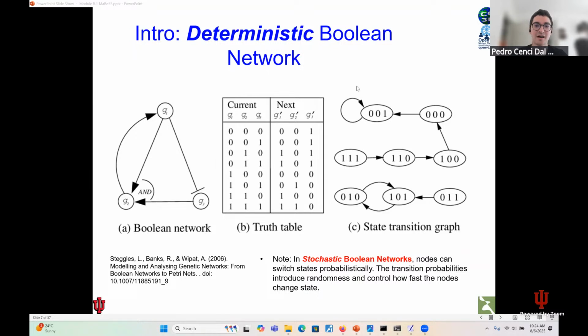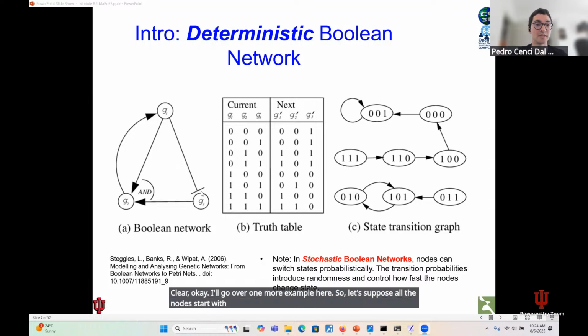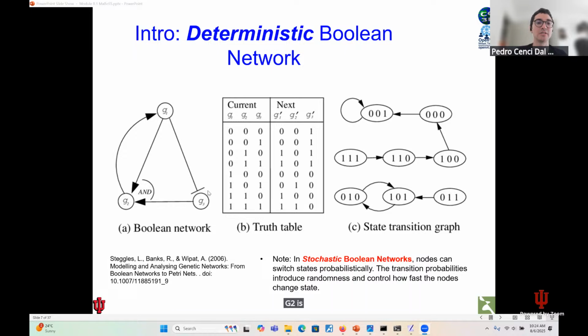Okay, I'll go over one more example here. Let's suppose all the nodes start with state 1. So G1 is 1, G2 is 1, and G3 is 1. Because both G1 and G3 are 1, G2 will remain 1.